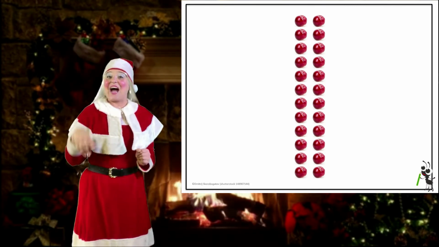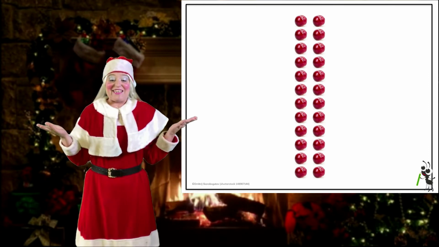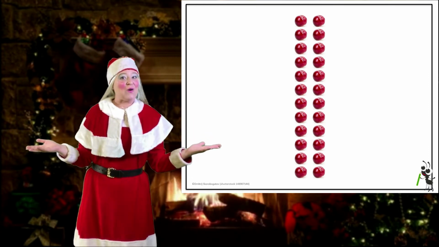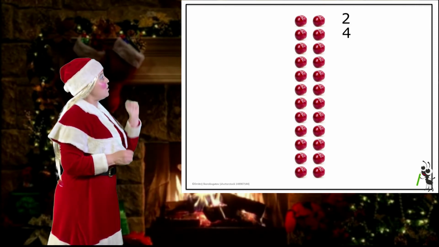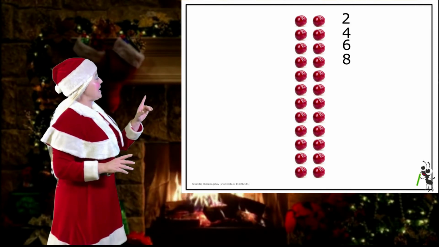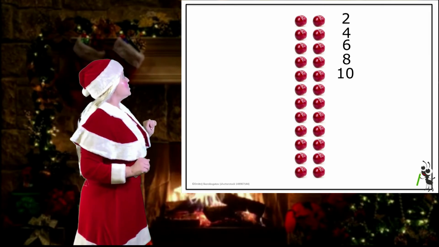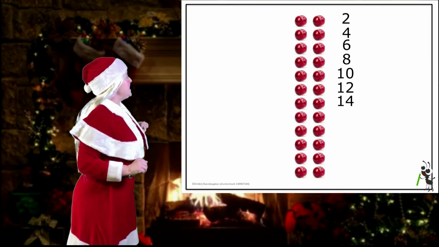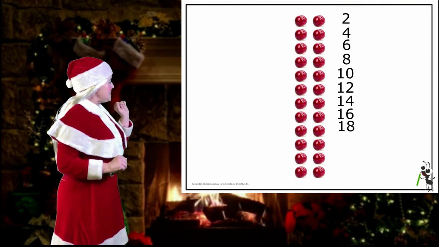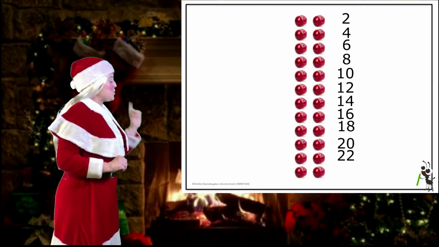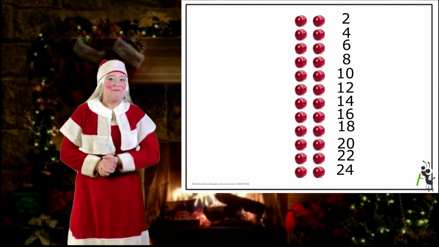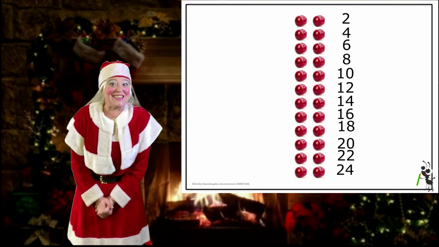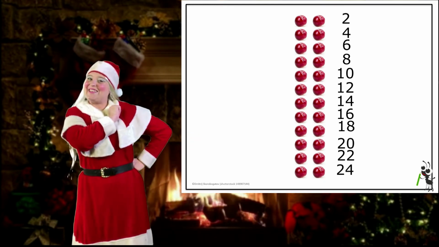Now I can count in 2s to find out how many there are altogether. 2, 4, 6, 8, 10, 12, 14, 16, 18, 20, 22, 24. Wasn't that much easier? I think so too.